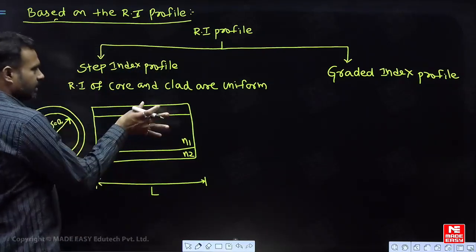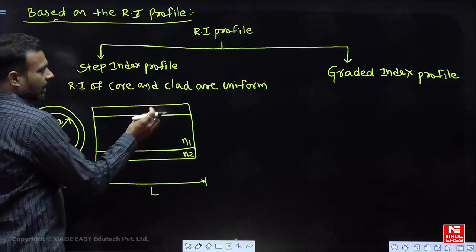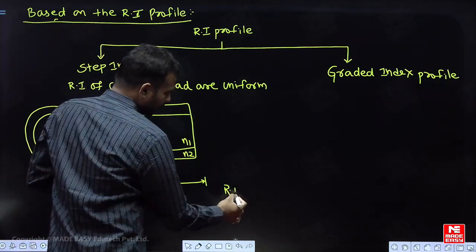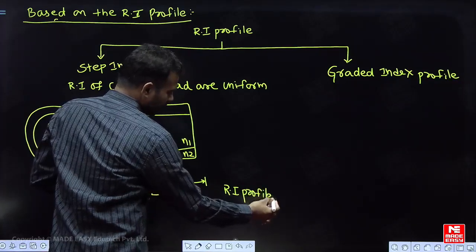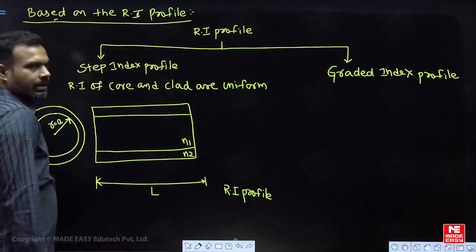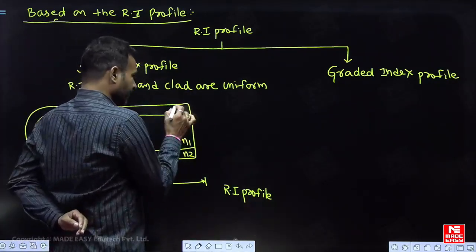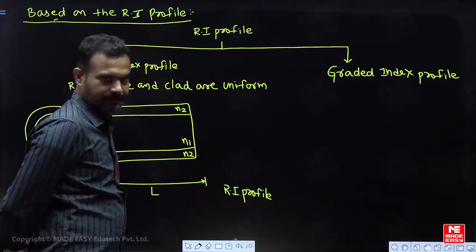This is the side view of your fiber. I am drawing the profile, and such a profile is called the RI profile. Please concentrate. Observe the profile here, this is the refractive index N2.